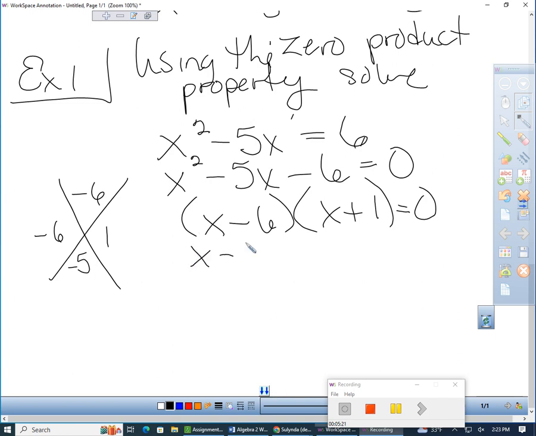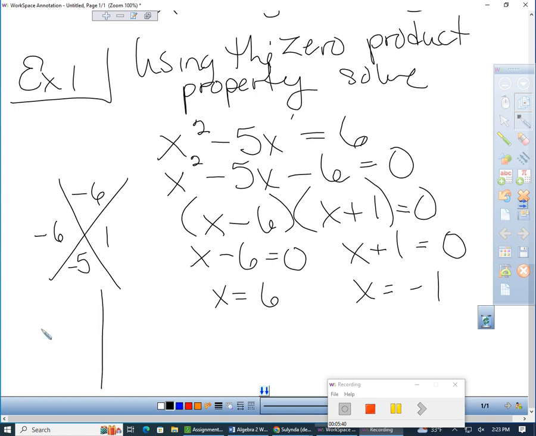So I have x minus 6 equals 0, and I have x plus 1 equals 0. In this first one, I'm going to add 6 over, x equals 6. In this one, I'm going to subtract 1 over, and I get x equals negative 1. So what that means is this parabola crossed over here at negative 1 and over here at positive 6. So it did something like that. Give you kind of an idea.